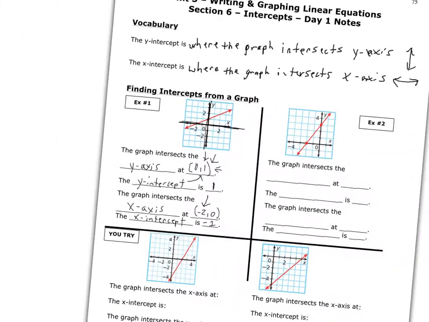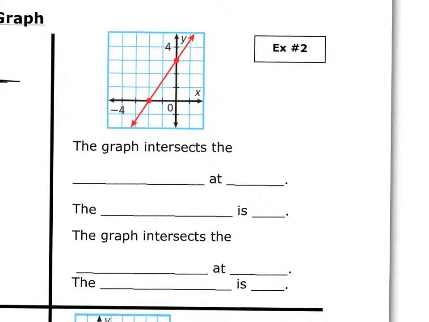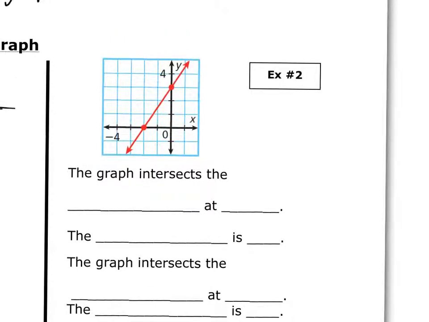Okay, let's try another example. This time you've got a different graph, and we know the graph intersects the y-axis at (0, 3). Remember, your y-axis is this, so this point would be (0, 3).